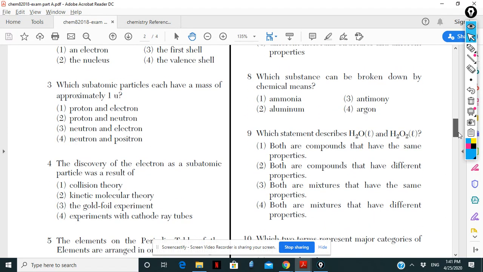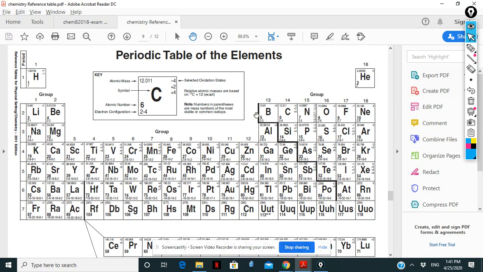Question number 8. Which substance can be broken down? So when I ask about something being broken down, it's going to be a compound, not an element. I cannot break elements, but I can break down the compound. Aluminum, Al, is an element.